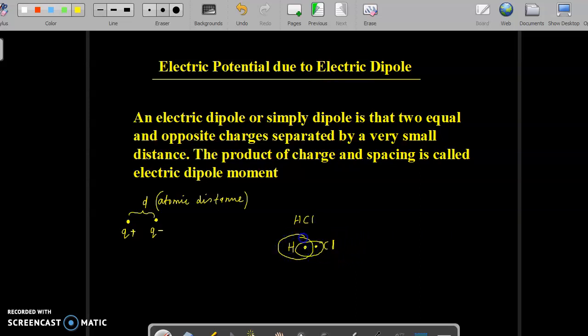So this is the sharing of electrons. The hydrogen and the chlorine are sharing electrons, so this is a covalent bond.